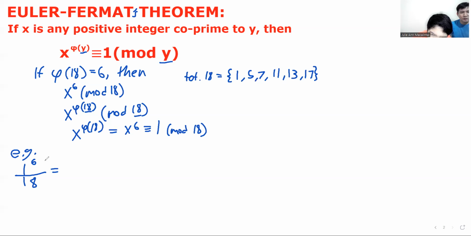So we start with 1. 1 to the 6 over 18. Of course, 1 to the 6 is just 1. So 1 over 18 immediately has remainder 1. I will just use a different color for the remainders.